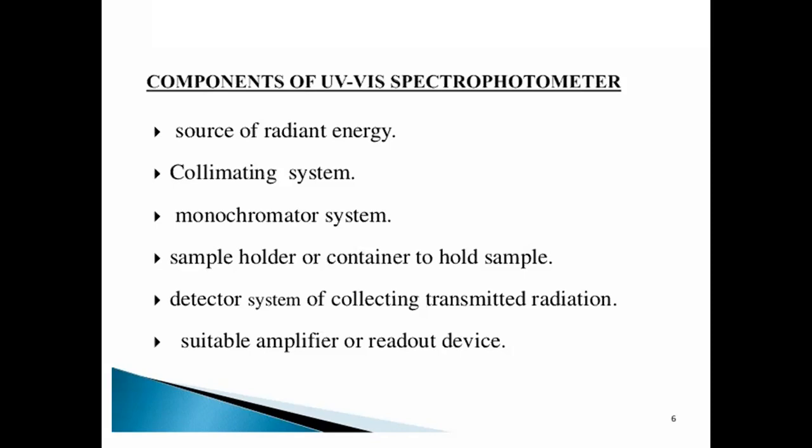Monochromator means to make the light in a single wavelength, just to make the light of the desired wavelength. Such a system is known as the monochromator system.